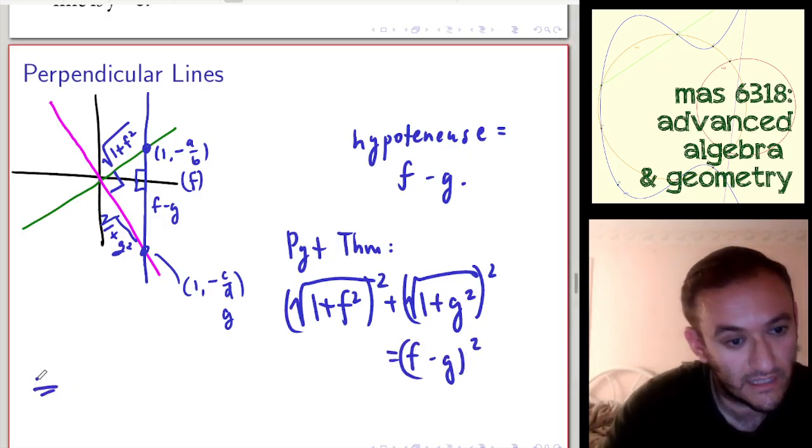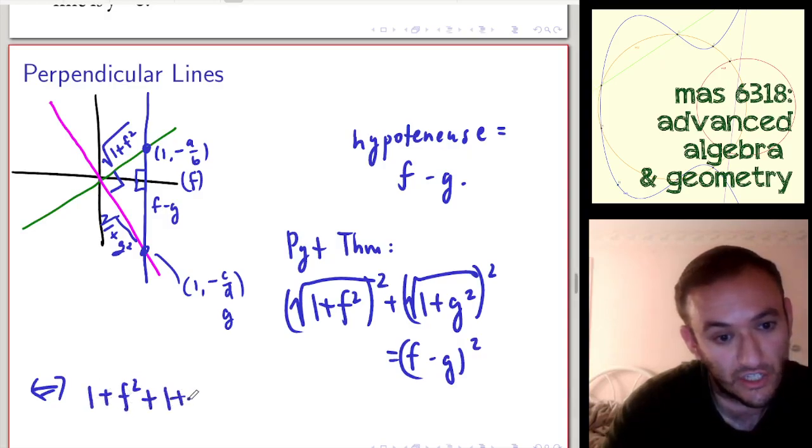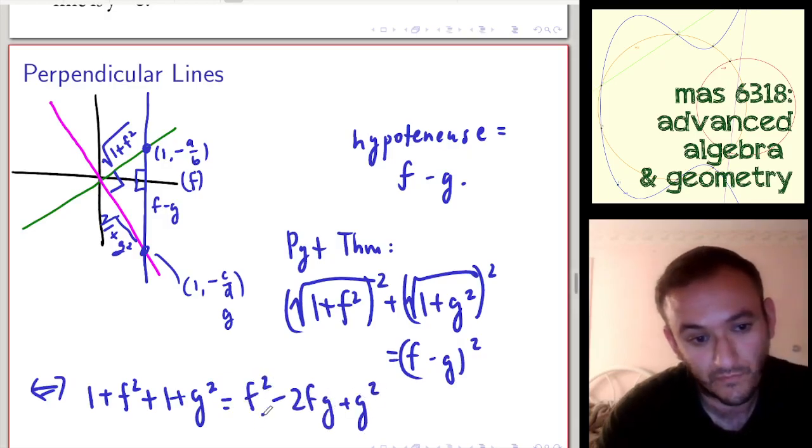Well, let's expand. So obviously this is the same as 1 plus f squared plus 1 plus g squared equals f squared minus 2fg plus g squared.